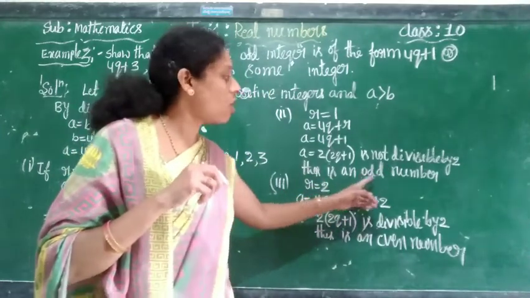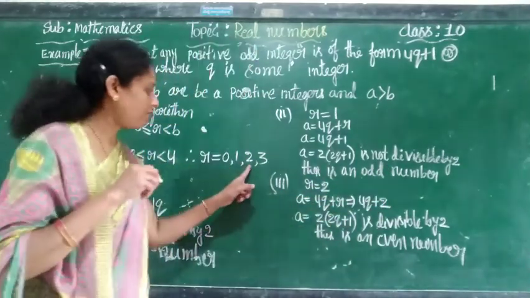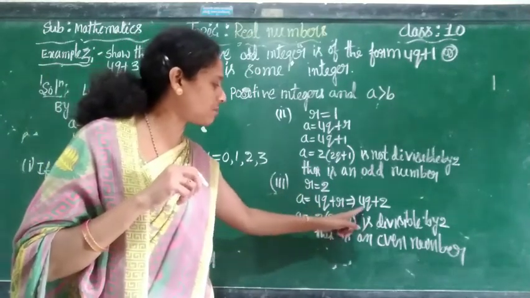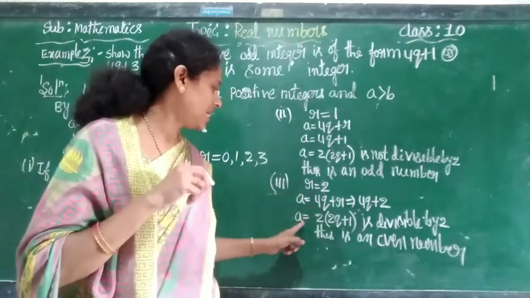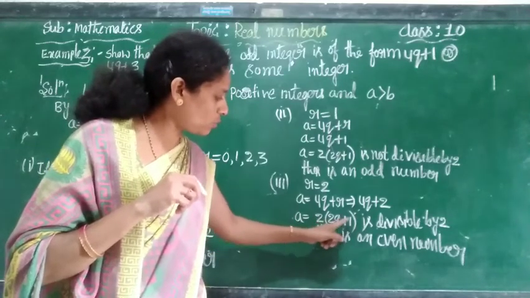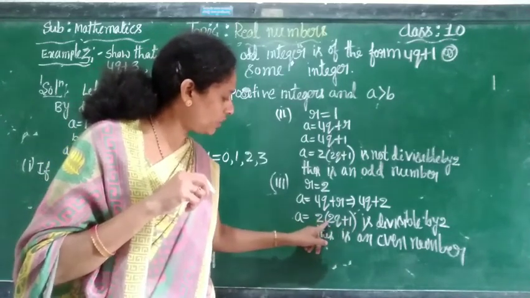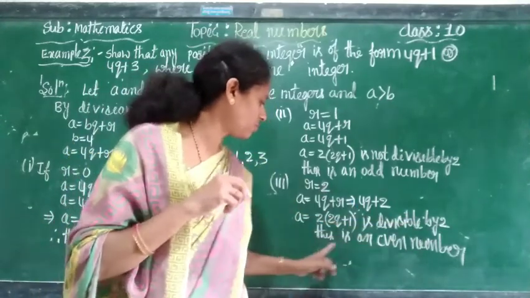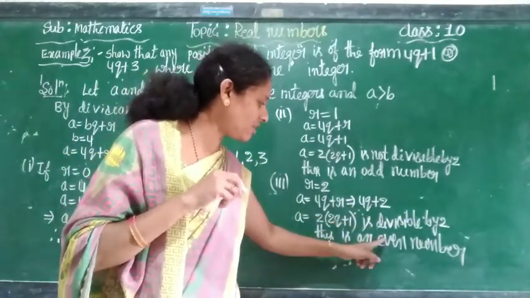This is an odd number. If r is equal to 2, a is equal to 4q plus 2, a is equal to 2 into 2q plus 1. Again 2 twos are 4, 2 ones are 2. It is divisible by 2. This is an even number.